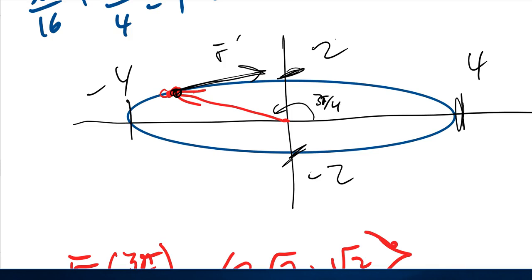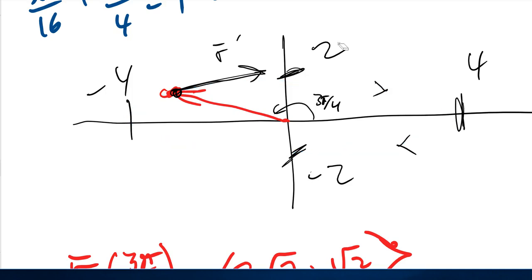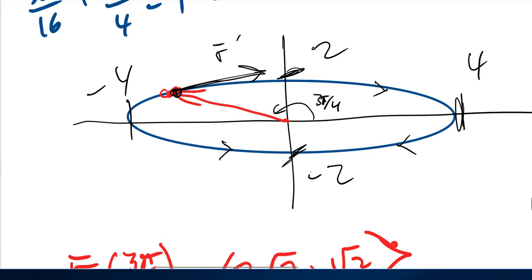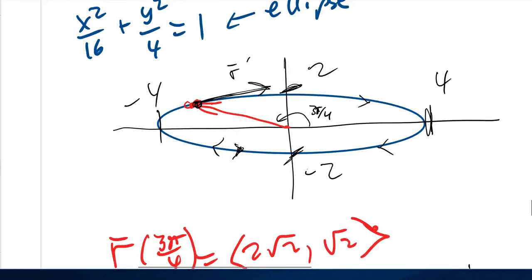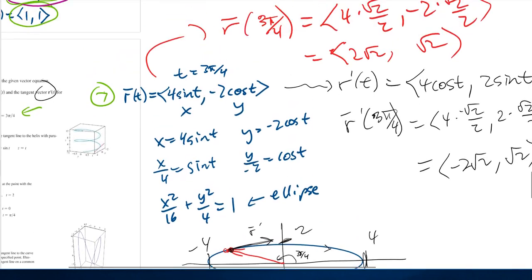Now let's see what is going on here. I think the ellipse is going in a, excuse me, don't worry about this one, it's going this direction, in a clockwise direction. And it's true because you have sine first for the function.